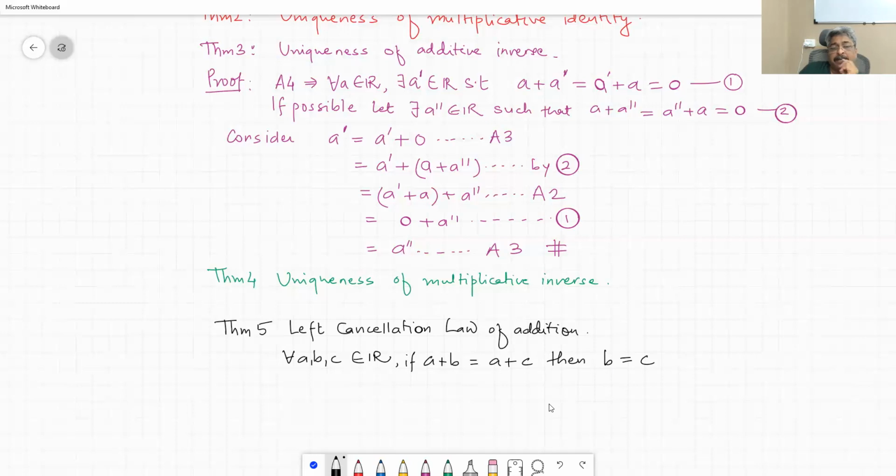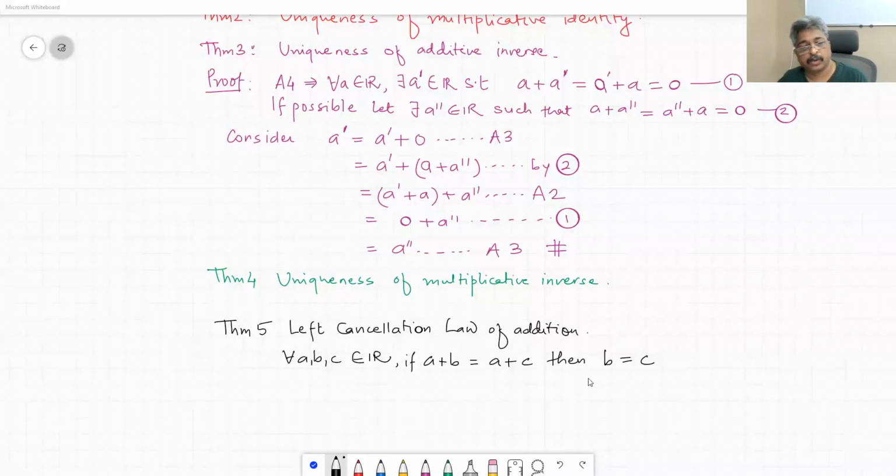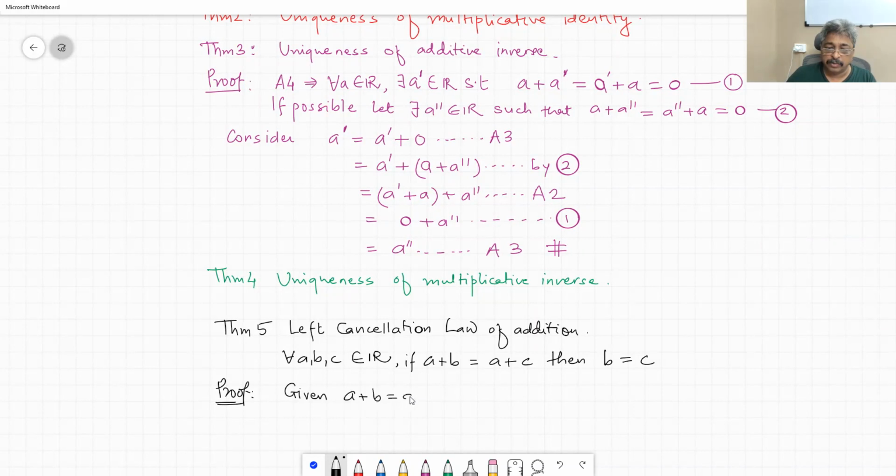You should try and write the full proof. Okay. Proof. Given A plus B is equal to A plus C.